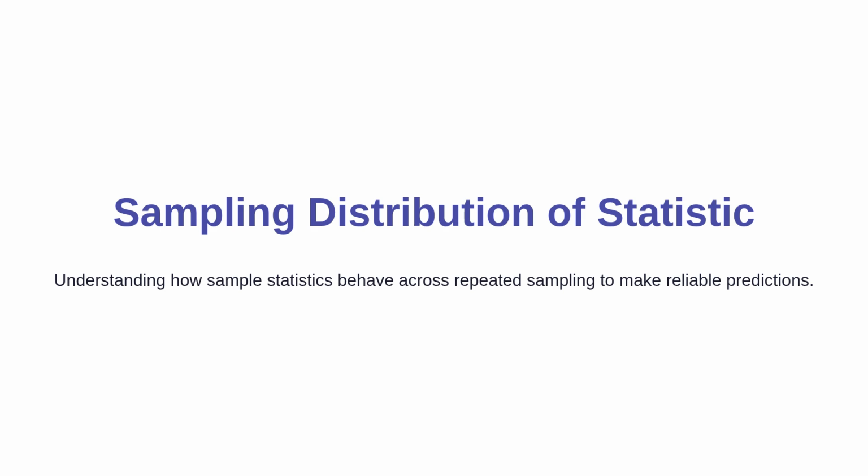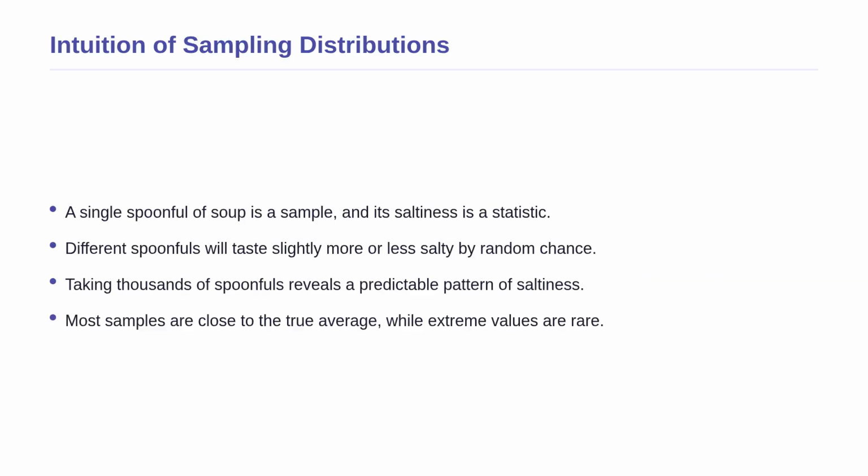populations. Building on our soup analogy, let us understand what a sampling distribution actually is. If you took another spoonful from a different part of the pot, it might taste slightly more or less salty. If you kept taking thousands of spoonfuls and wrote down the saltiness of each one, you would see a pattern emerge.